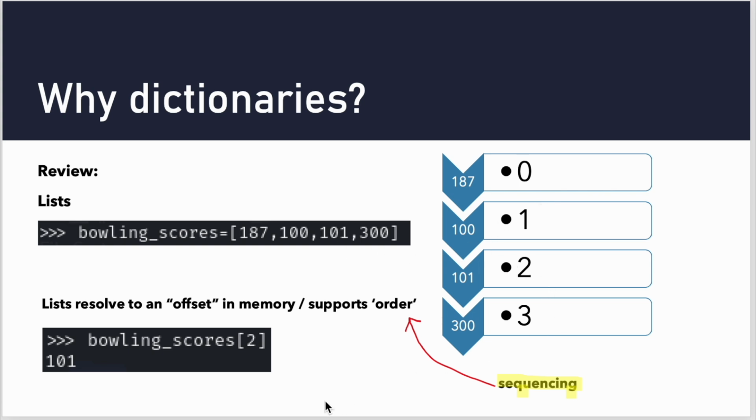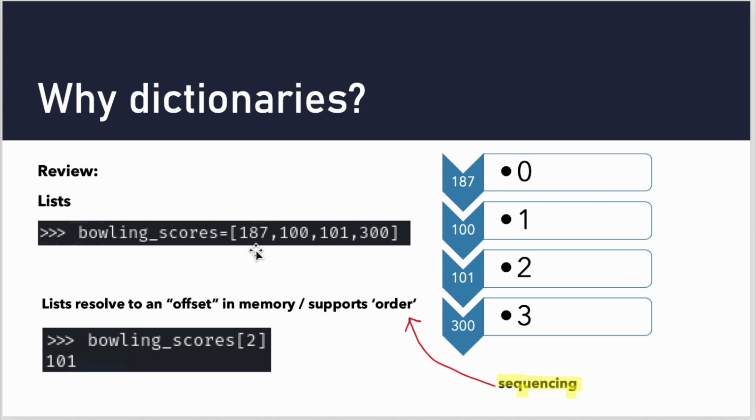Now, the good thing about lists, or arrays, as other languages call them, specifically Java might call this data structure an array list, is how they utilize this offset in memory, because at the very least it does support order. So it facilitates the idea of sequencing.